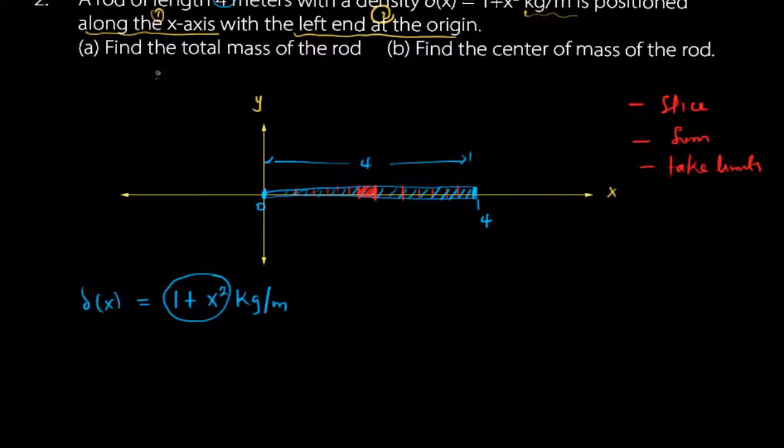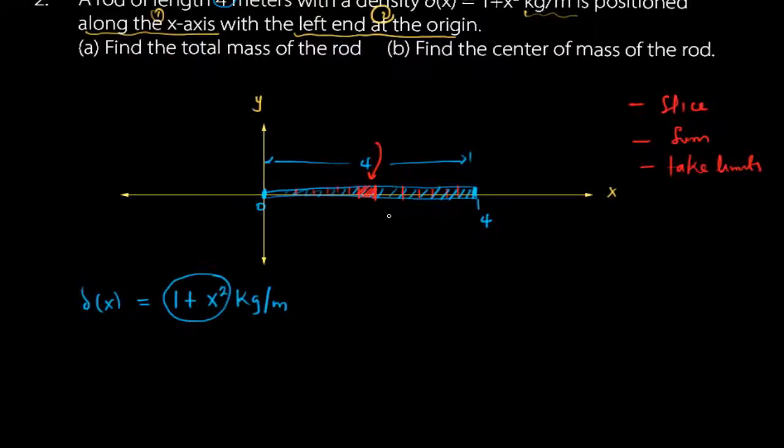We want to find the total mass of the rod. Now if we can find the mass of this slice here, then from our knowledge of the mass of the slice, we'll find the total mass. To make our computation accurate, we'll take limits to find the exact value.